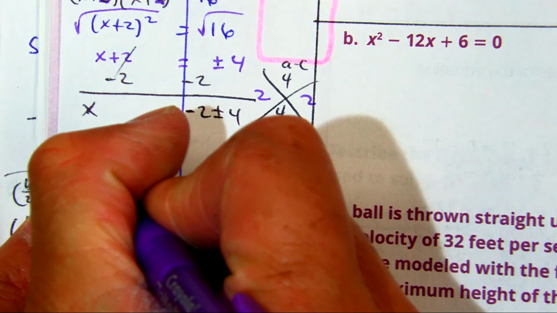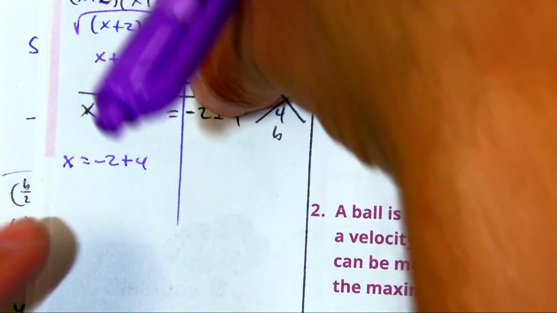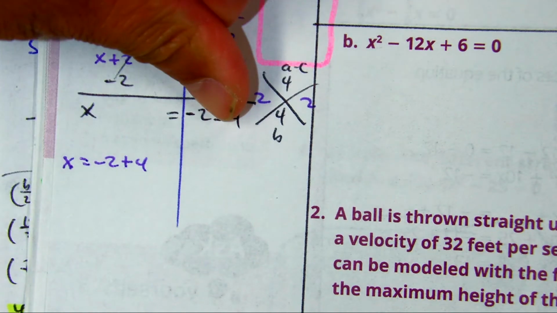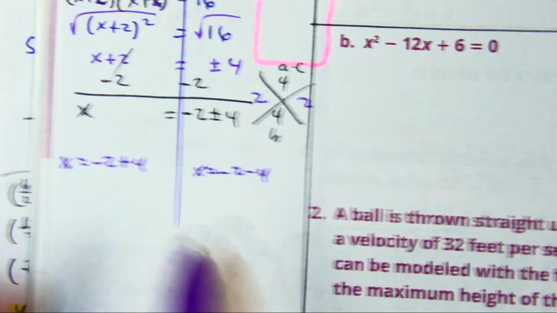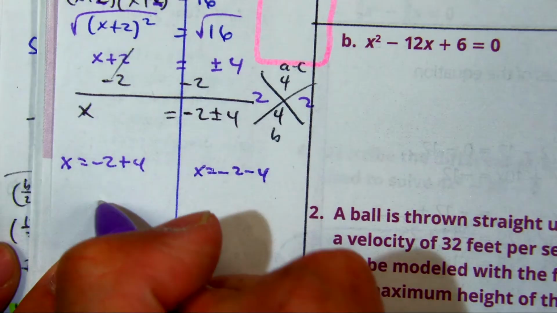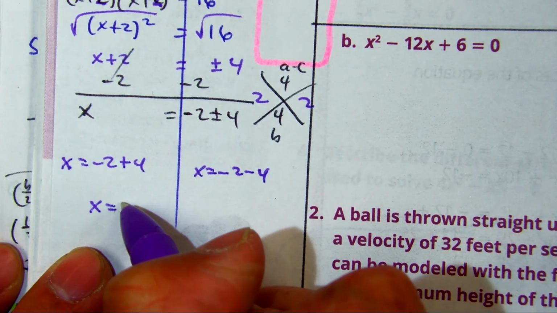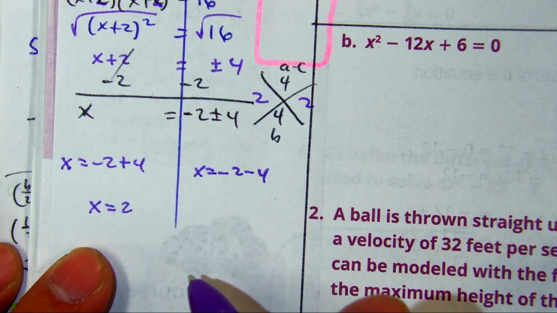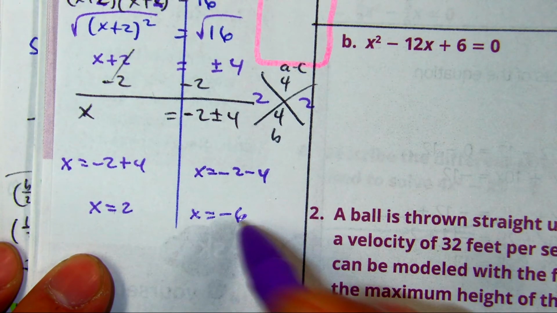Negative 2 plus 4. Read it to me now, if I can try to cover it. Correct. Diana, what is negative 2 plus 4? 2. Diana, what is negative 2 minus 4? And these are our two solutions.